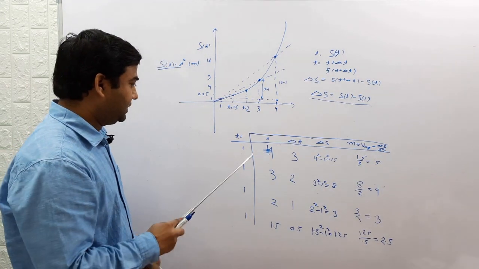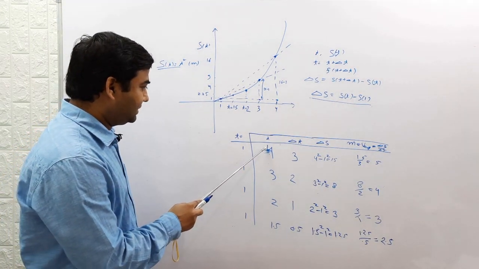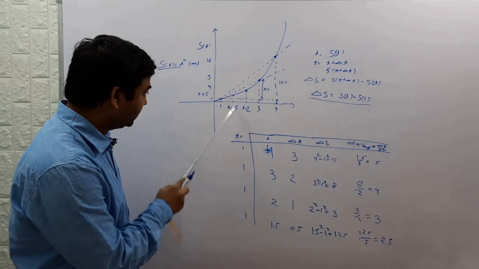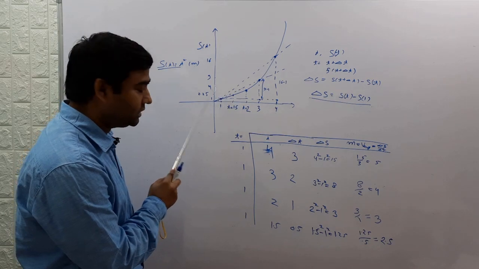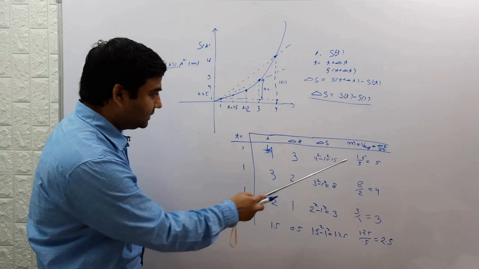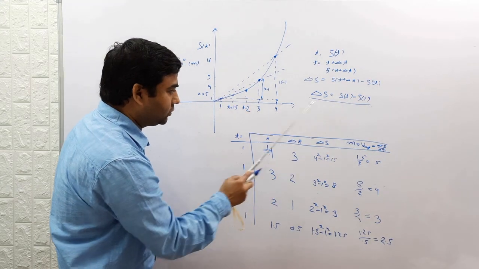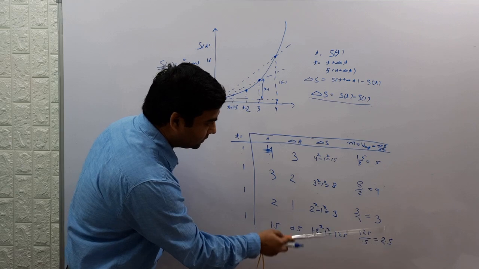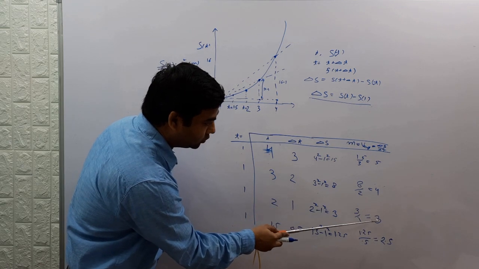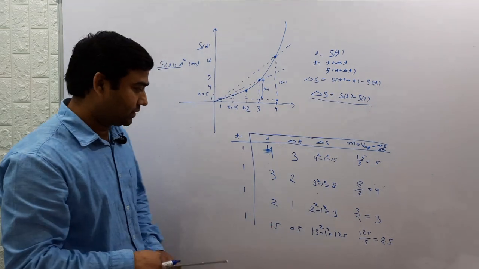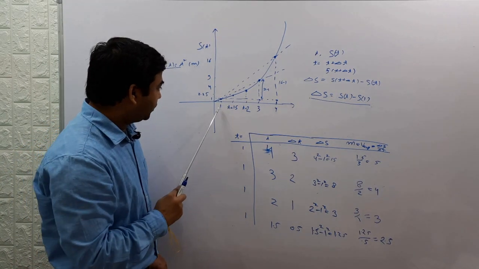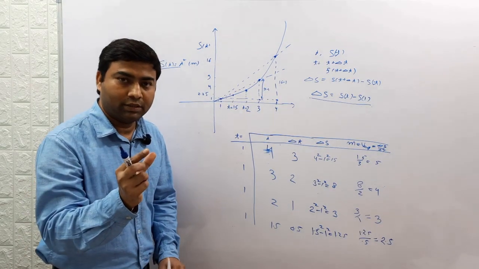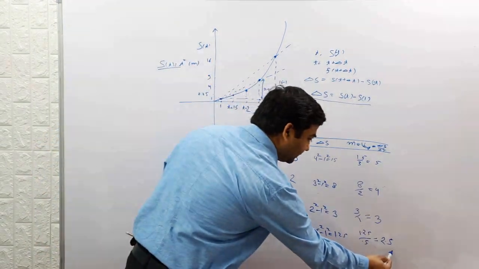So in this table you can see, as we find average velocity for points closer to the original point, that is t equal to 1, the average velocity, or gradient of the secants, is also changing, from 5 to 4 to 3 to 2.5. For t equal to 1 to t equal to 1.5, average velocity is 2.5.